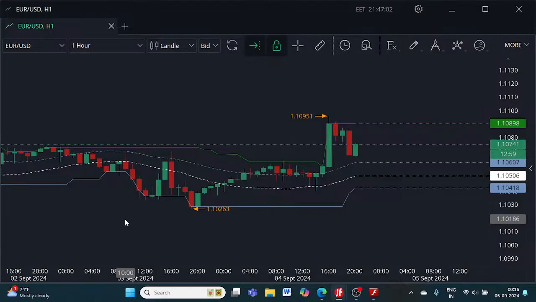Here you see that there is a difference between these two SMAs. The trajectory is more or less on similar footing. You will see sometimes the difference between the two SMAs is much more, while at other times the difference is fairly narrow. It happens because if the underlying instrument is moving in a volatile manner, then you will have the difference between these two SMAs widening.